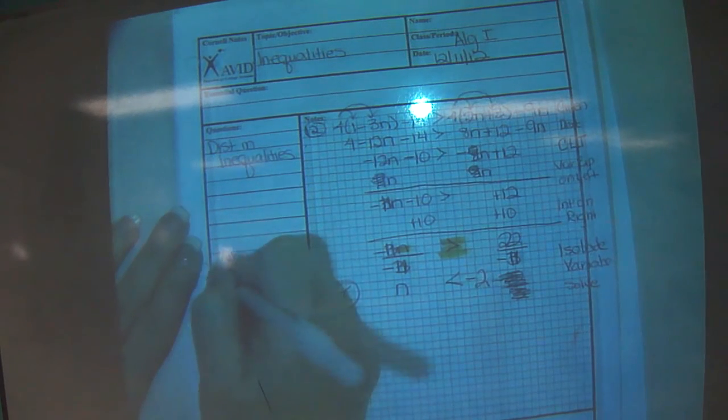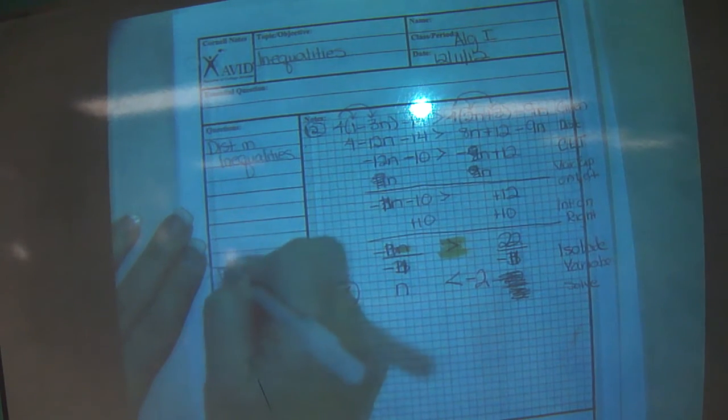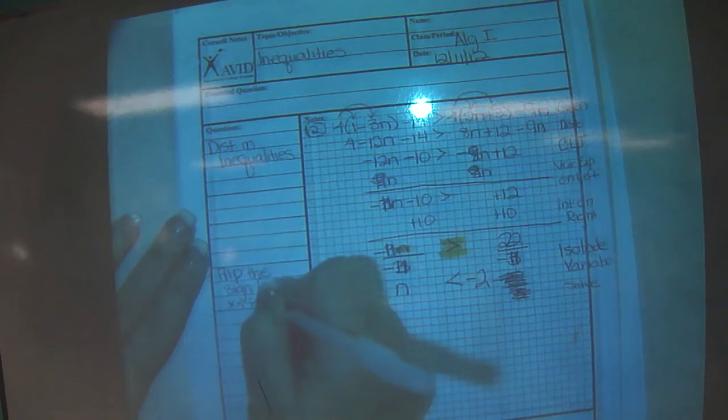Distribute in inequalities, right? Distribute in inequalities. Flip the sign for multiplication and division, negatives.